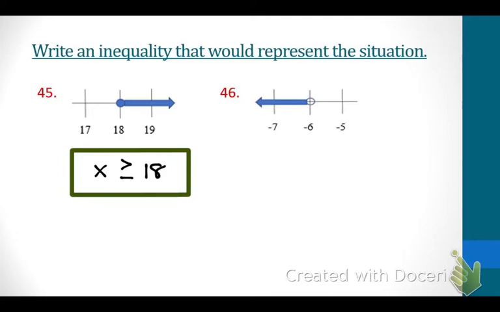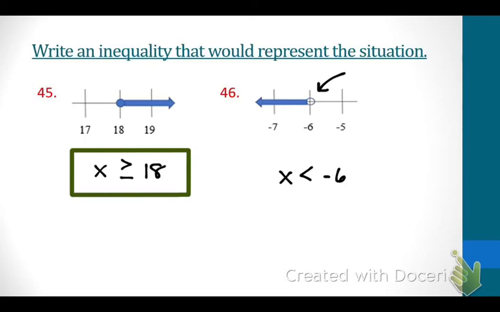Okay, let's do the final problem together. Adam, what do I write? X minus 6, less than. Less than, okay? All of these numbers over this way are less than negative 6.